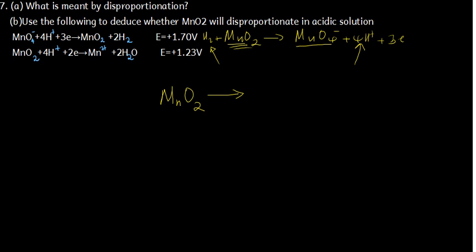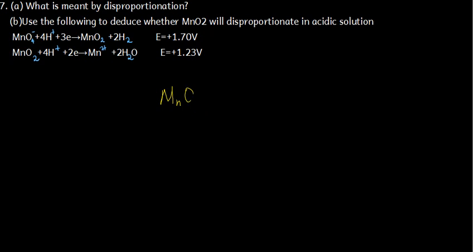So the disproportionation of this compound, when it loses 3 electrons. Let me write this properly because we need to understand what's happening here. MnO4 minus plus 3 electrons.